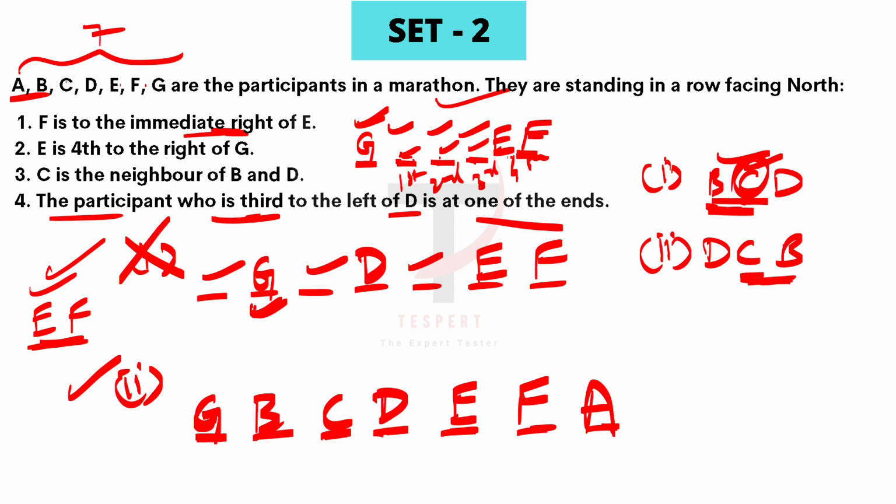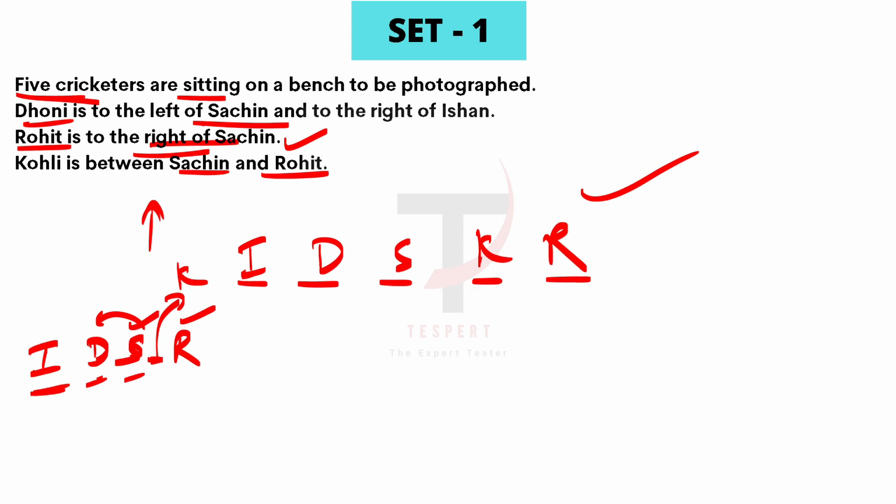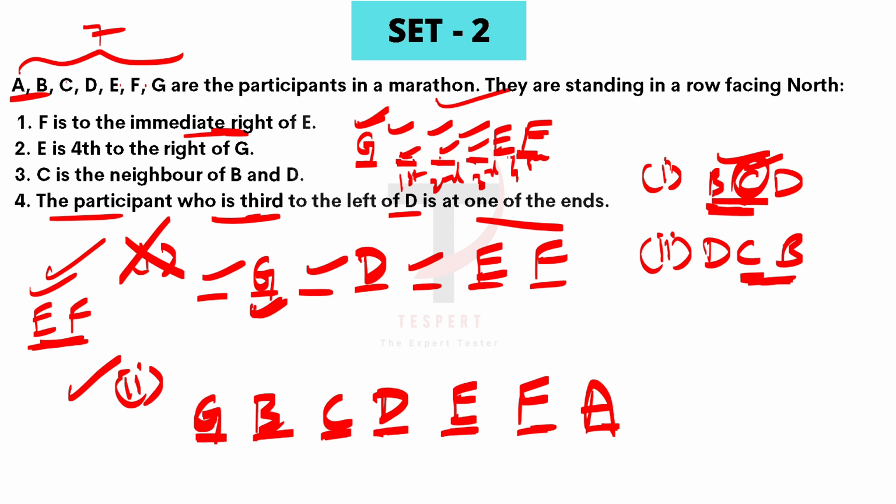So in the previous set, the important learning is the difference between immediate left and immediate left and immediate left. And in the current set, the main learning is figuring out two cases, and just fitting the best case possible.